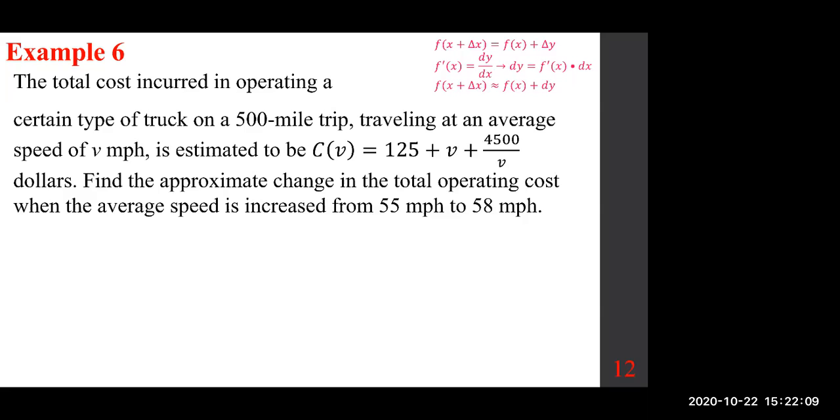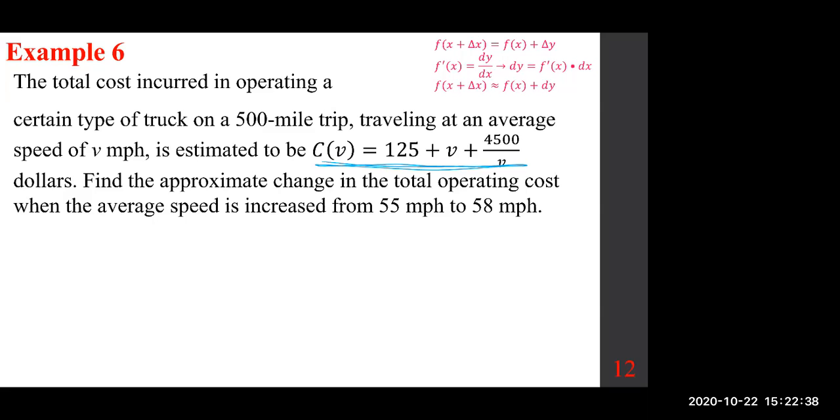Okay, wow. The total cost is given as C of V, okay? V is the average velocity, average speed, is given as such, okay, class? We want to find the approximate change in the total operating cost when the average speed is increased when we go from 55 to 58 miles per hour.